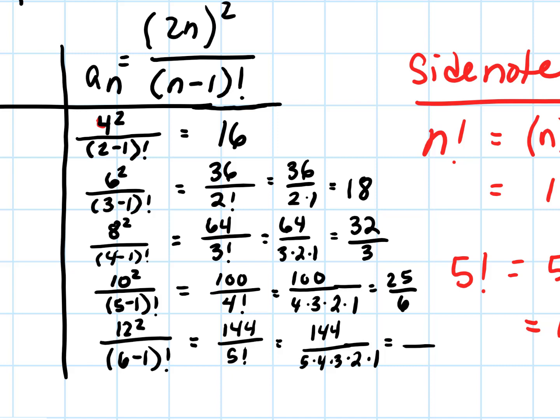So doing my canceling here, and then we've got 36, and then 3 would go in, so that would be 12 over, and I can go in even one more time, so 6 fifths.